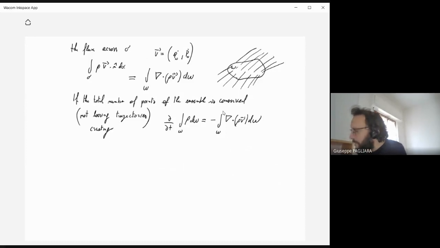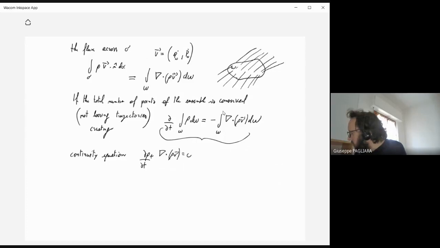Therefore, from this, I get a standard continuity equation, telling us that the derivative of rho with respect to time plus the divergence of rho v is equal to 0. This describes, as usual, the conservation of something.